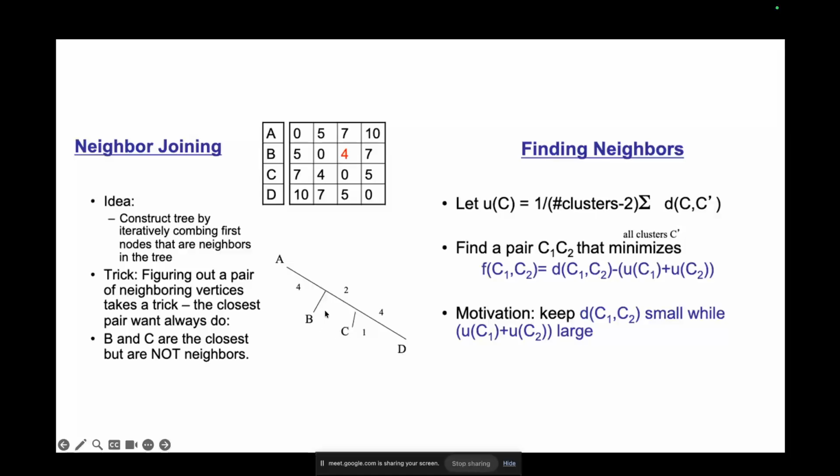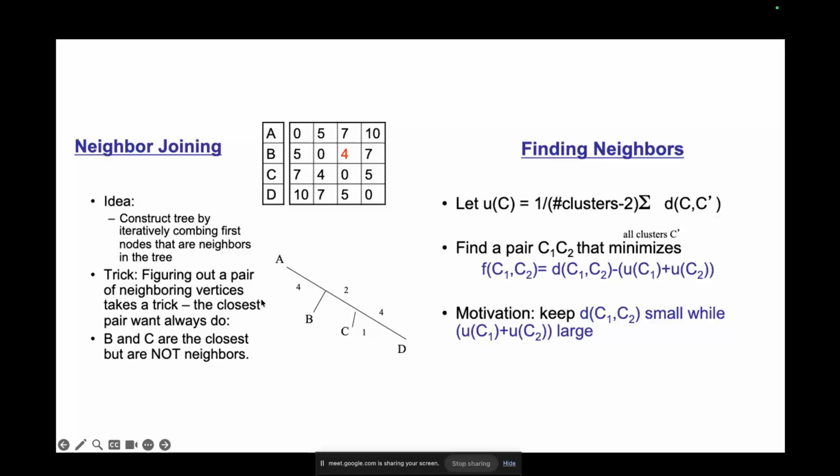They do not have a direct connection. A and D have a direct connection, but B and C do not. But the distance between B and C is lower than A and D. But here, what you're trying to do is find the neighbors, not the nearest clusters, right? So the idea is that you find the neighboring vertices, not necessarily the closest vertices.